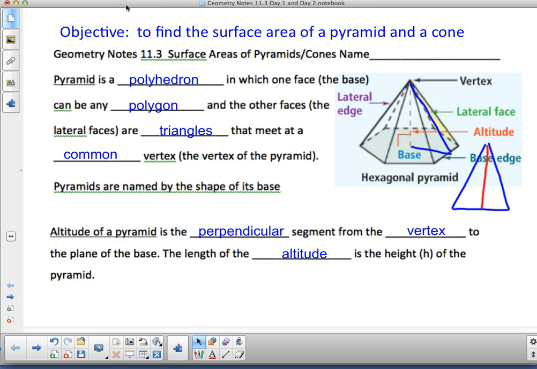Okay. I want you to be aware, we still have a basic shape formula. A triangle's area is base times height divided by 2. Well, this red line is the height of this triangle. That would be considered the slant height: the height going up along the side of the face from the midpoint of the base edge to the vertex.